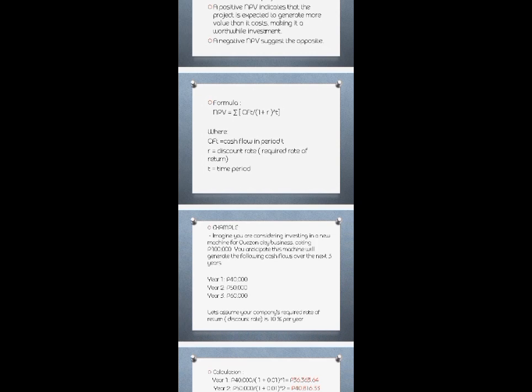The first year is 40,000, next is 50,000, then the third year is 60,000. And let's assume that your company's required rate of return is 10% per year.